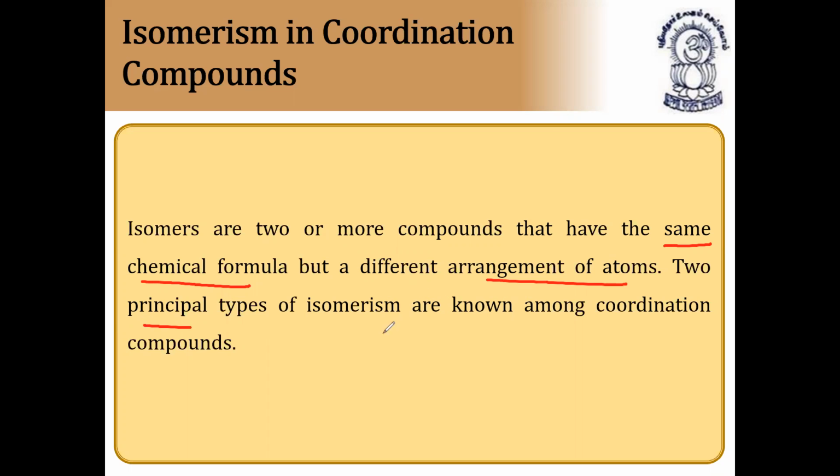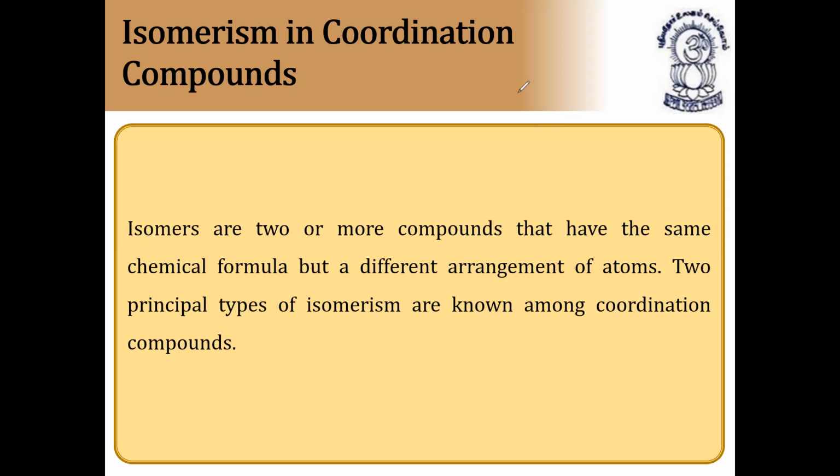Two principal types of isomerism are known among coordination compounds. So the coordination compounds also exhibit isomerism. Isomerism means having the same chemical formula but different arrangement of atoms.